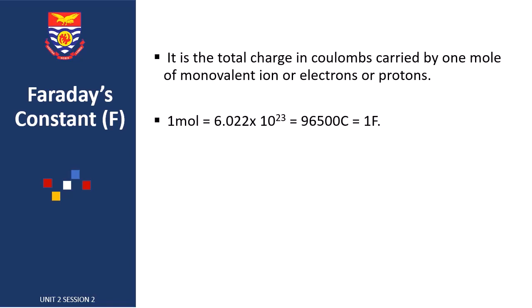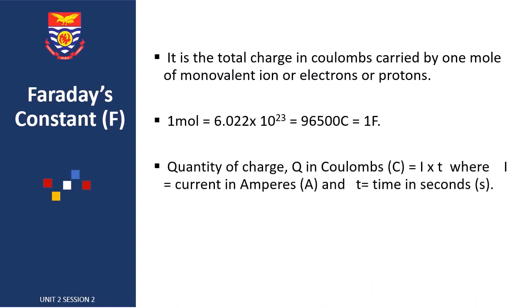So if we are talking about electrons here, then 1 mole of electrons is equal to 96500 coulomb and is equal to 1 Faraday. In other words, 96500 coulomb is equal to 1 Faraday, or 1 mole is equal to 1 Faraday, or Avogadro's number is equal to 1 Faraday.